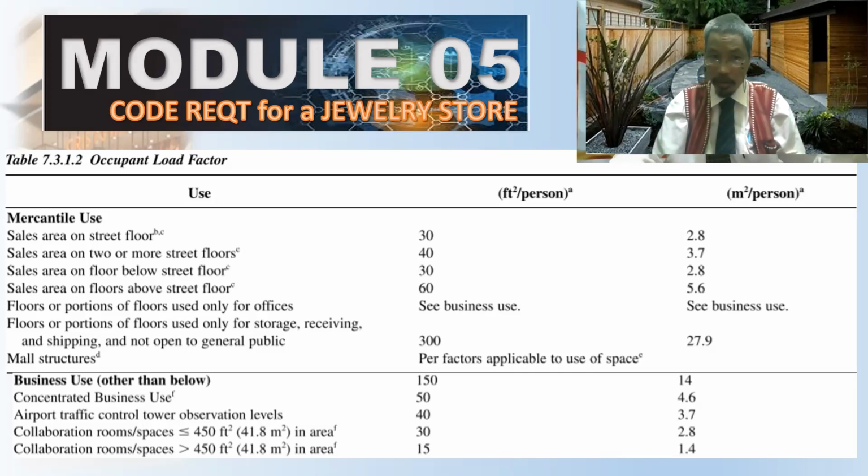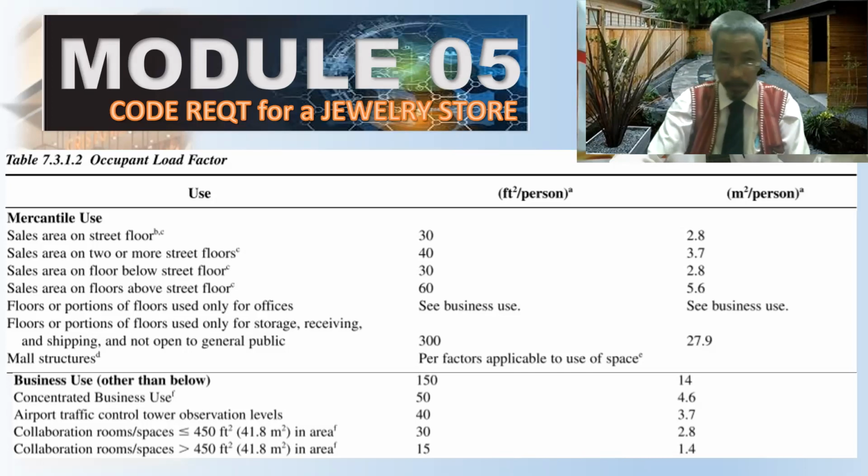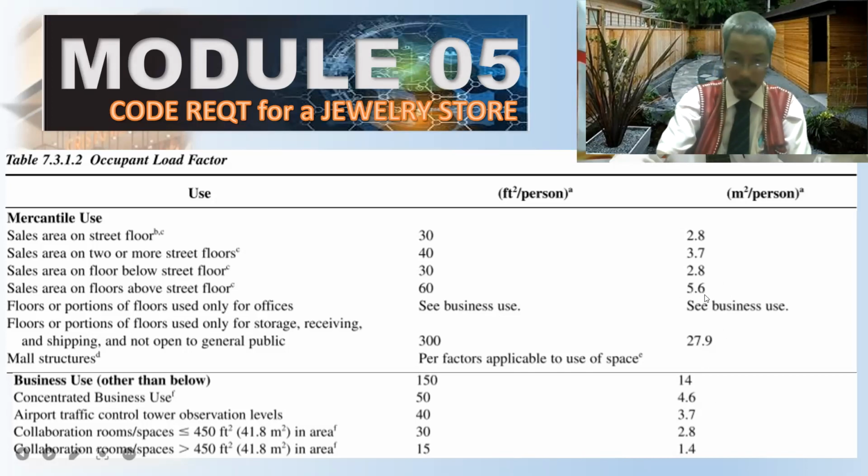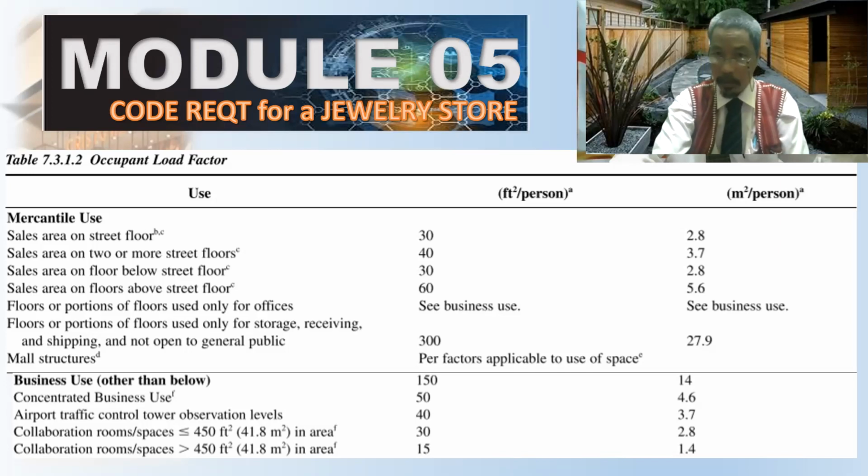But we can also use the general business use, which is 14. So let us use 14, or 4.6. You can decide, and also 5.6. So those are our occupant load factors.